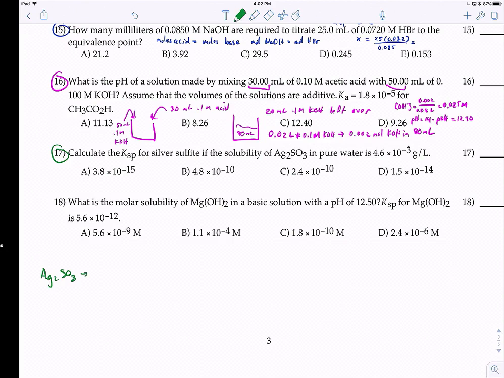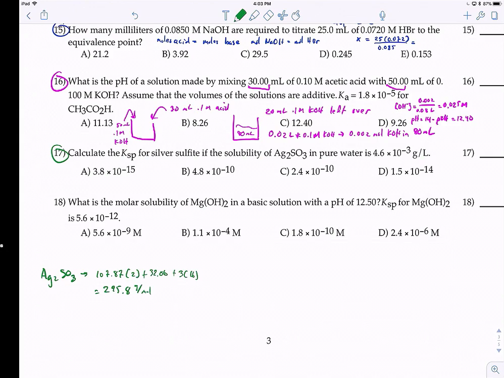So silver is 107.87 times 2, plus 32.06 for sulfur, plus 3 times 16 for oxygen. 107.87 times 2 plus 32.06 plus 3 times 16, and we get 295.8 grams per mole.